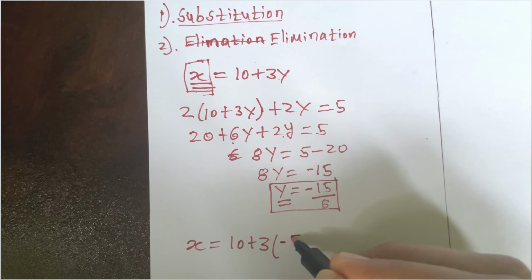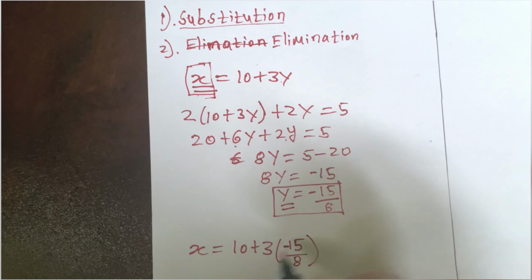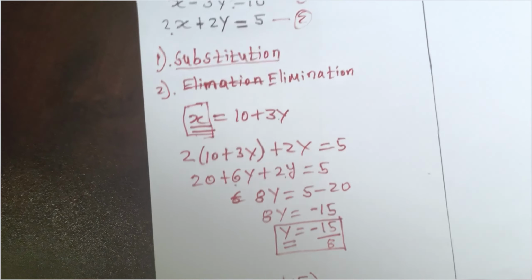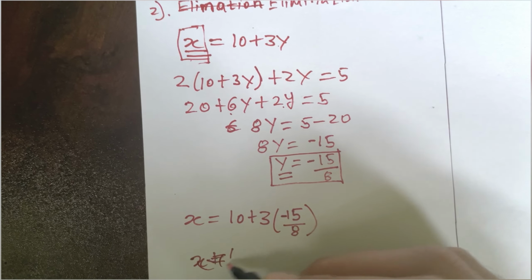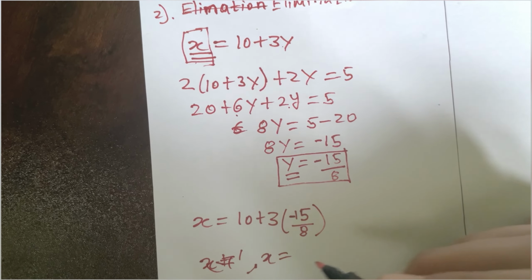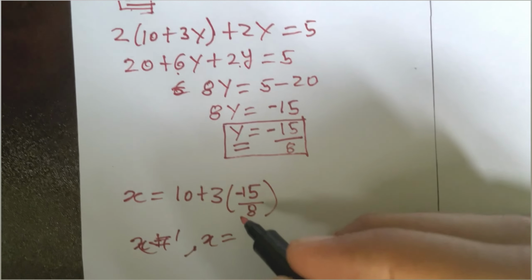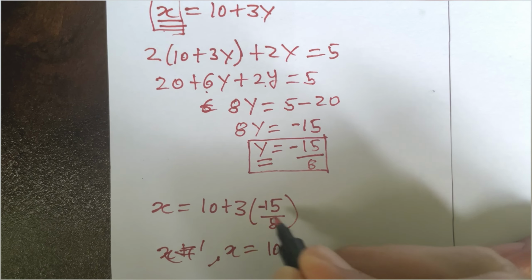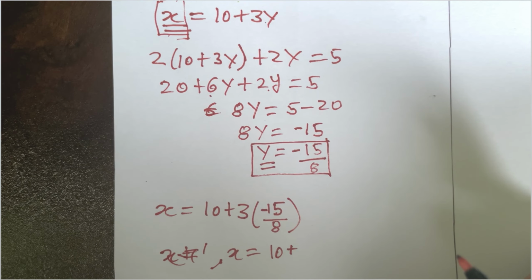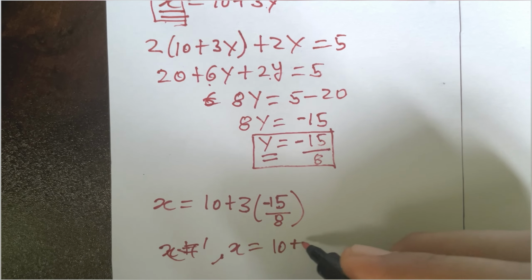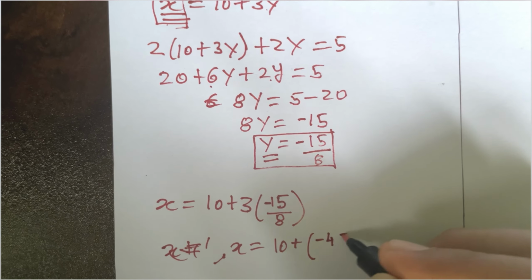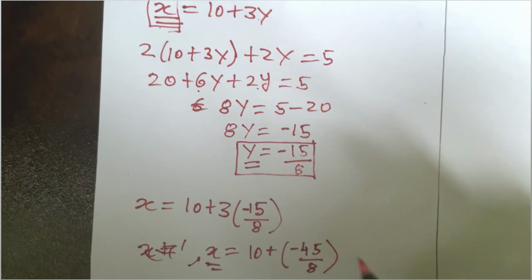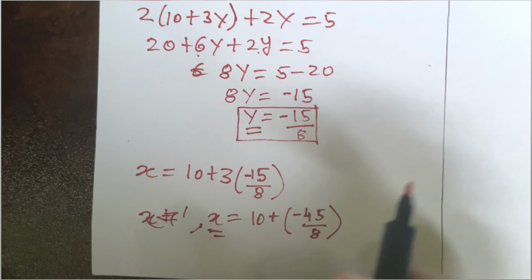We will substitute it as minus 15 by 8, and then we will just solve this equation. x equals 10 plus 15 into 3 is 45, so this will be minus 45 by 8. Okay, so this is the value of x. You can solve this fraction and then simplify further also.